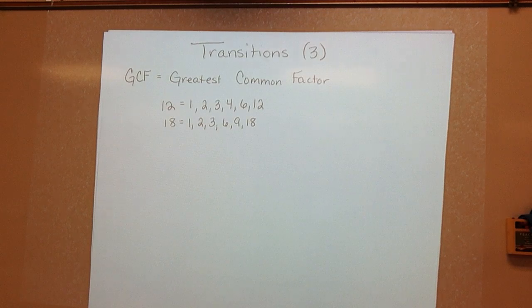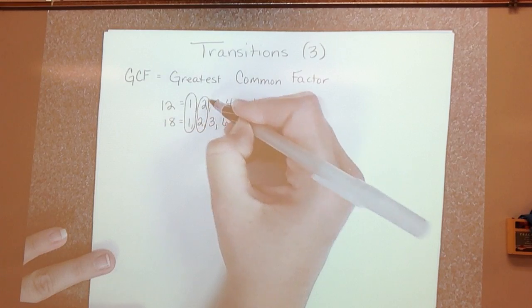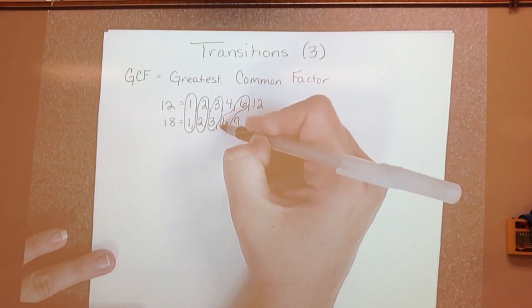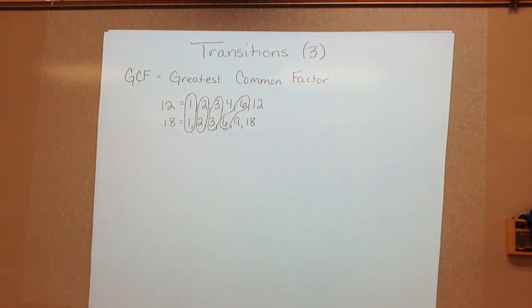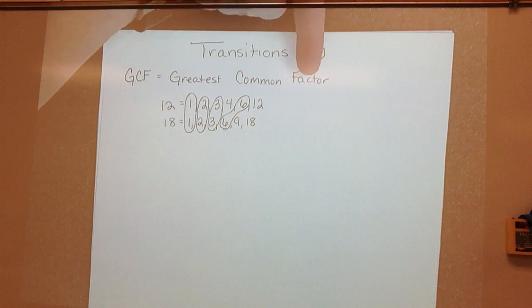Now what I need to do is find everything they have in common. 1, 2, 3, 6. Those are the 4 numbers that they have in common. Look at the title, greatest common factor.